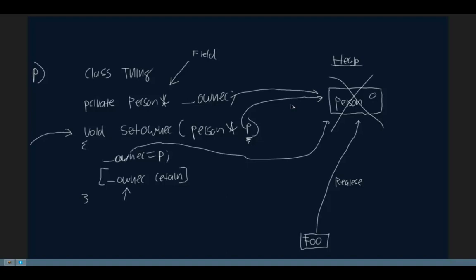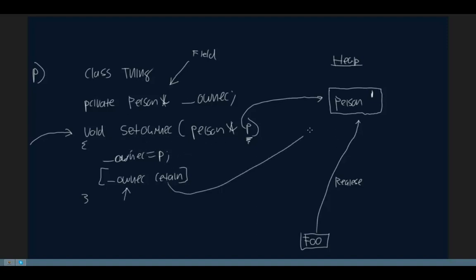However, because of the way we wrote this code, we did a retain. And what does the retain do? Well, all the retain does is it increments the reference count. So now our person has a reference count of 2. Now that the person has a reference count of 2, what happens when foo releases person?